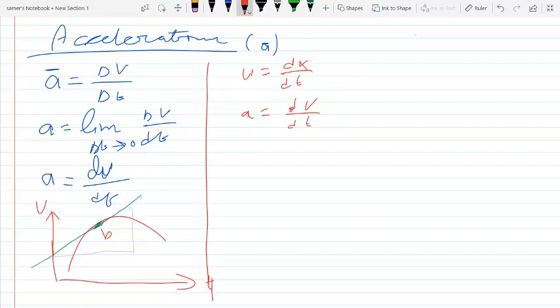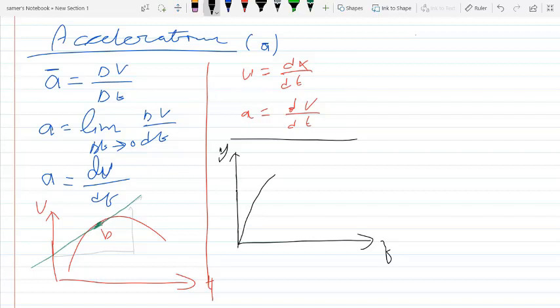Suppose that we have the relationship between the height of an object as a function of t, and the height of the object is given by this graph.